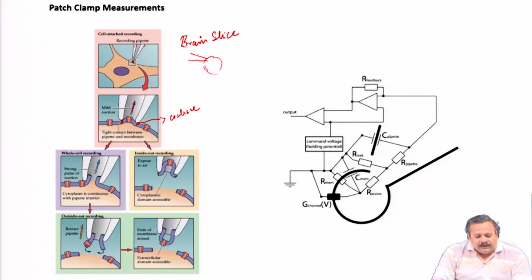What we would want is to go whole cell, and that is we break in. That is, with a strong pulse of suction, now the membrane is broken. So now the inside of the electrode, the patch pipette, and the inside of the neuron become connected entirely, and this is the whole cell condition.